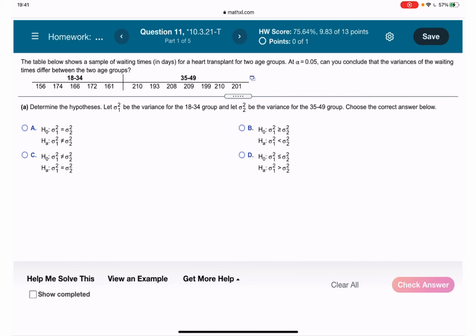At alpha equals 0.05, can you conclude that the variances of the waiting times differ between the 2 ages? Okay, differ. Here we are going to have a 2-tail test, right? Because it doesn't say greater or less, it says differ. So the null hypothesis is equal, and the alternative is not equal. It's going to be A. Here it is.